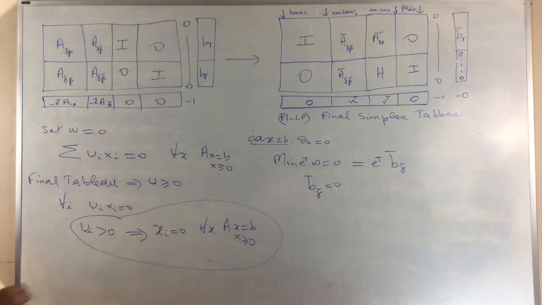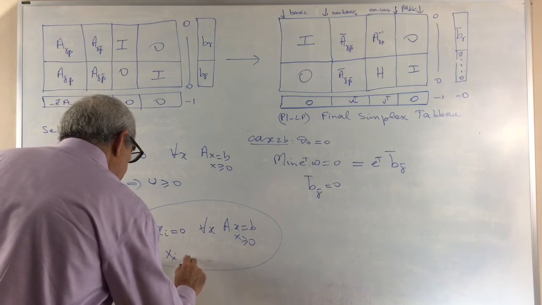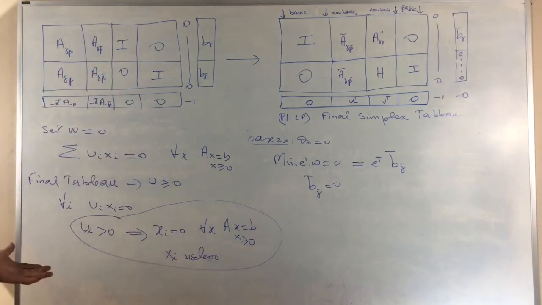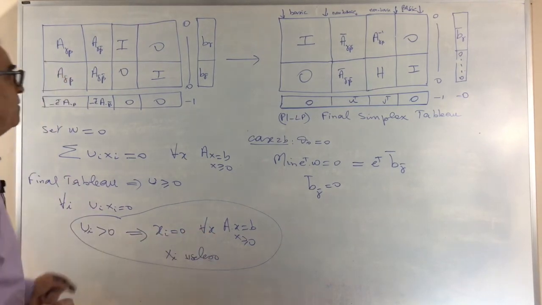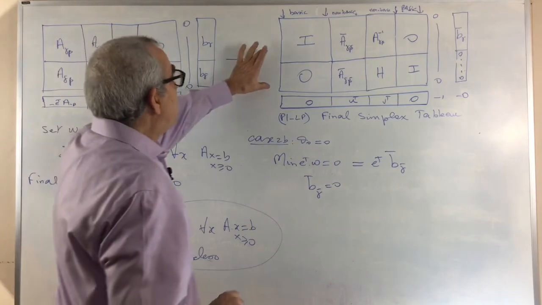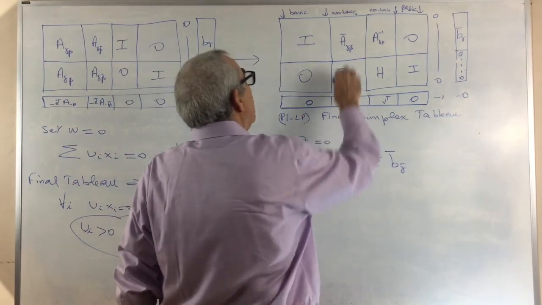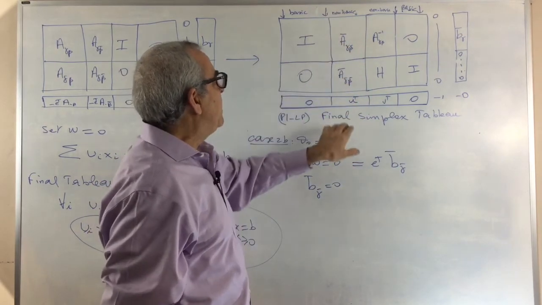Which renders this xi useless. It's a useless variable because it's always 0 for all feasible solutions. So in our final simplex tableau, if we see a 0 here and a positive here, this is the u corresponding to the non-basic x columns.